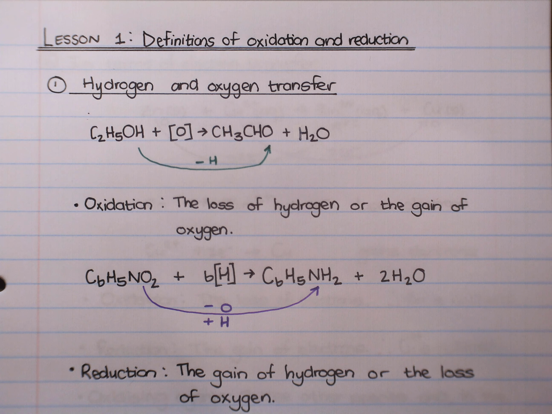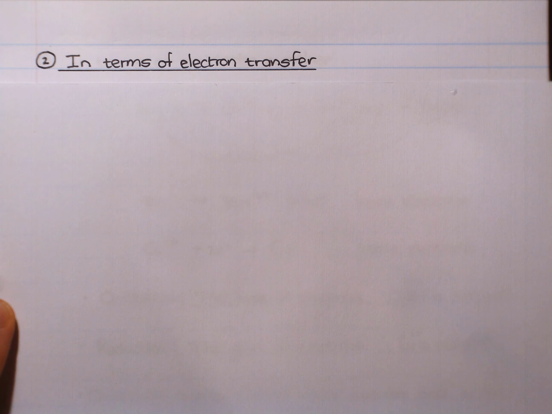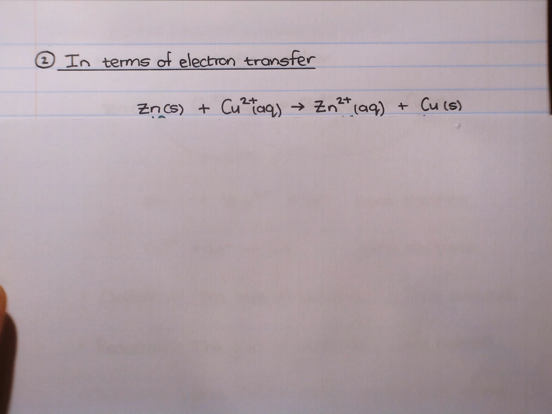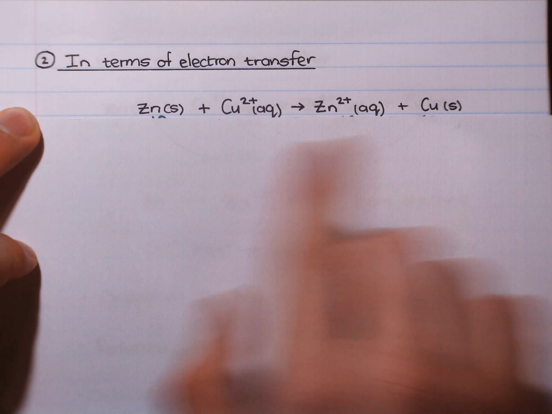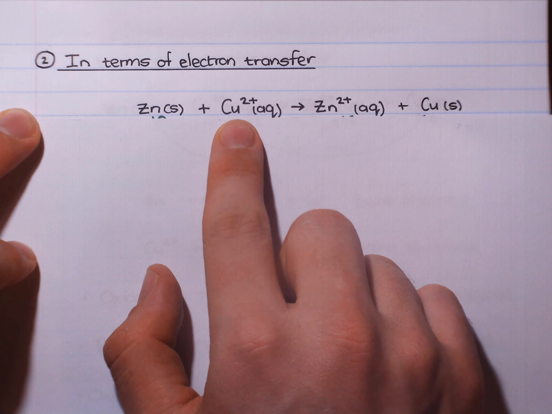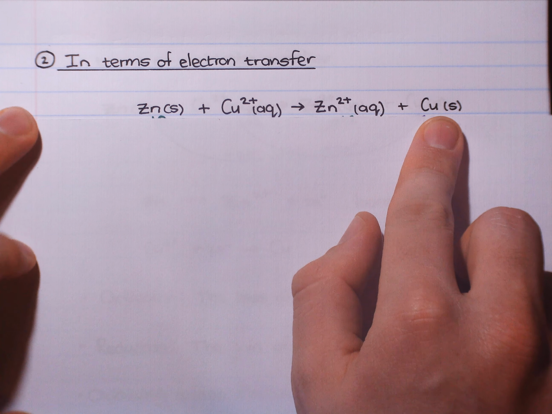Moving on to our second definition of oxidation and reduction, it is in terms of electron transfer. Now, I want you to recall the reaction you did as a practical in Miss Halp's class, where you had zinc metal reacting with a copper solution to produce zinc ions and copper metal.